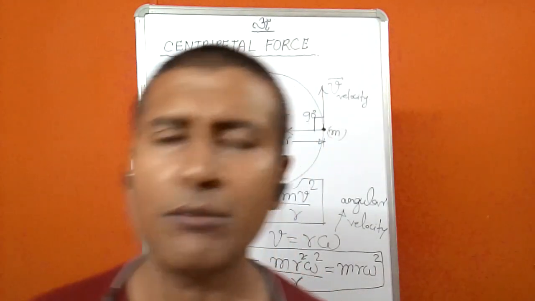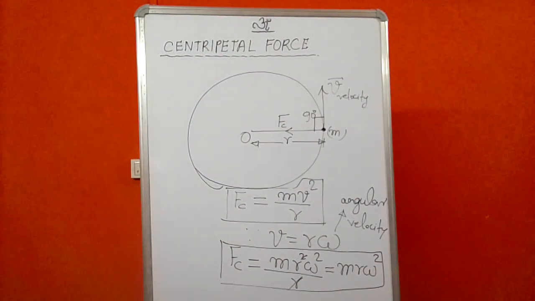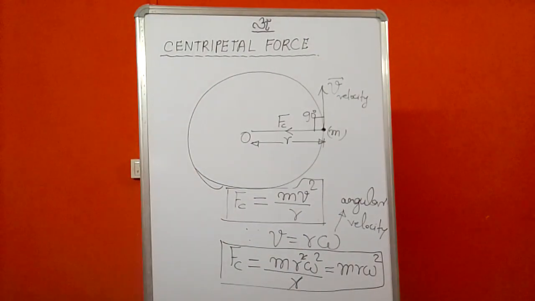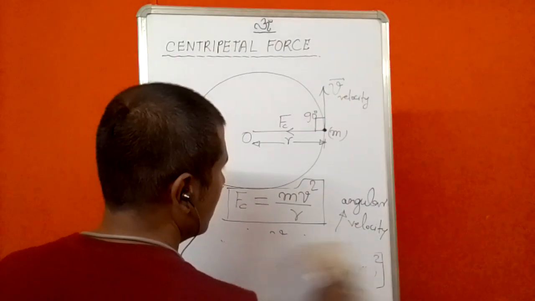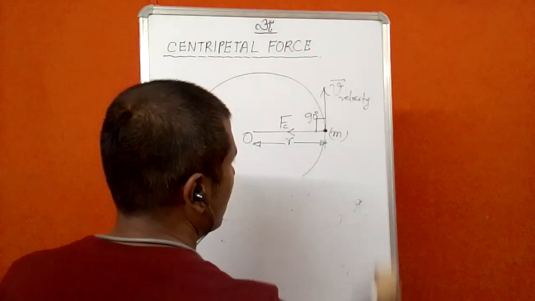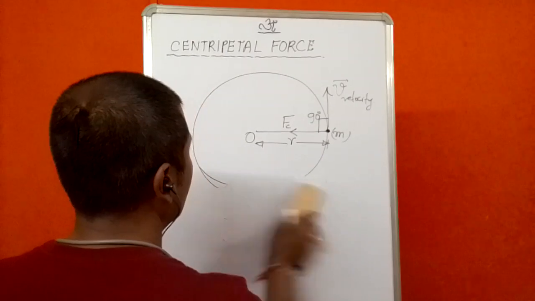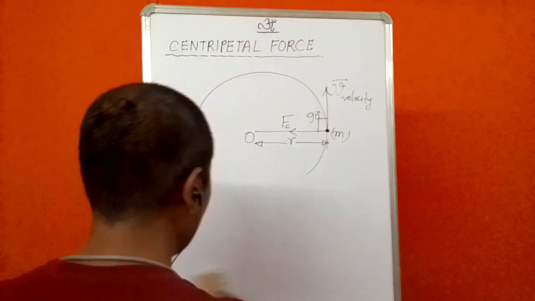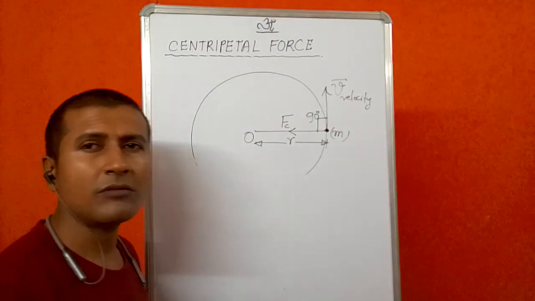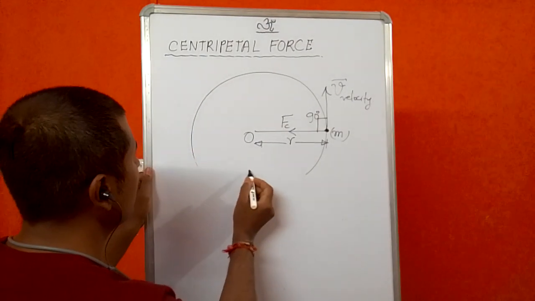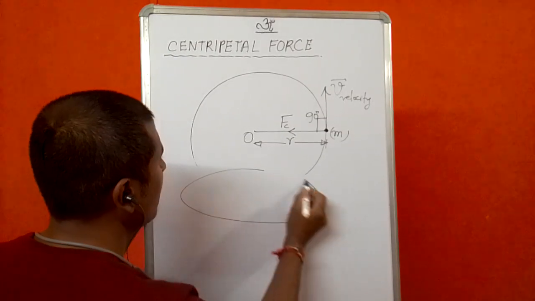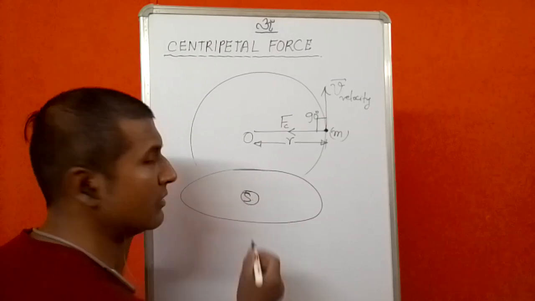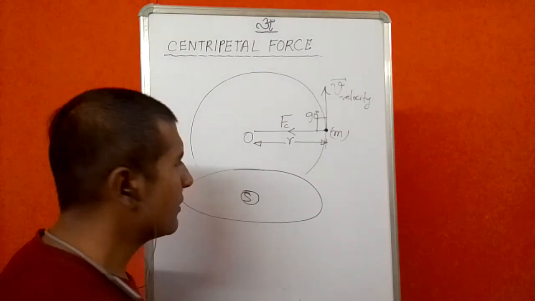Now let's take some more examples. Imagine a situation in which Earth revolves around the Sun. This is Sun, right?